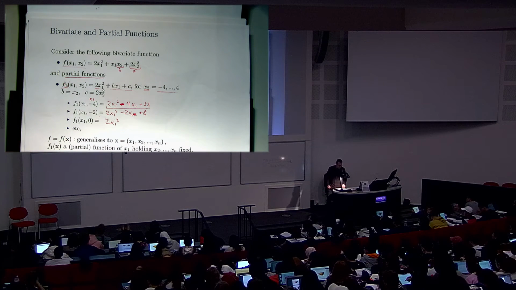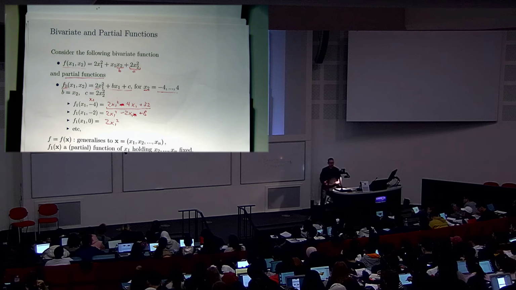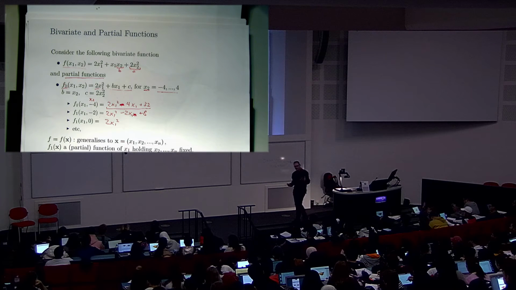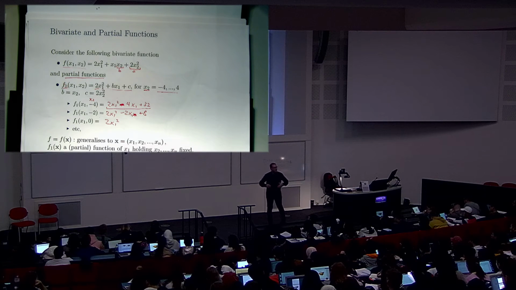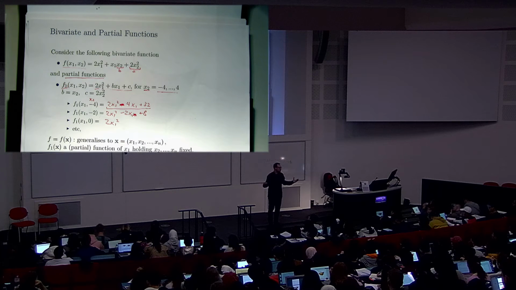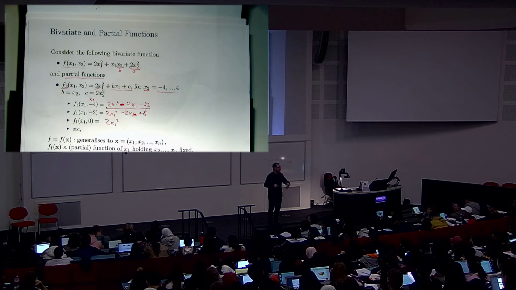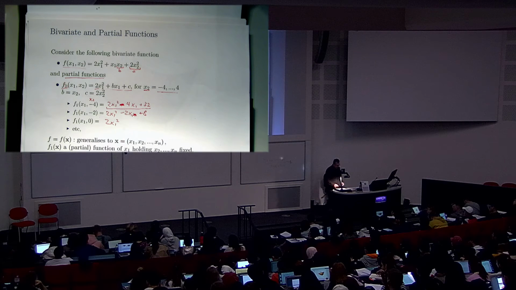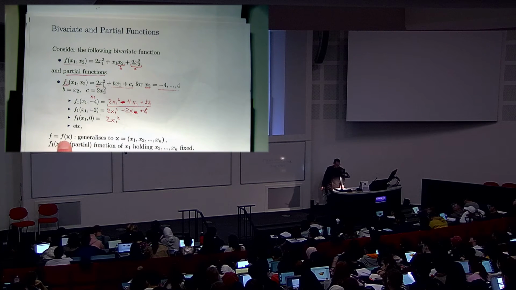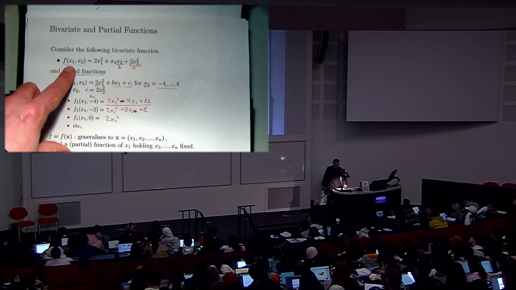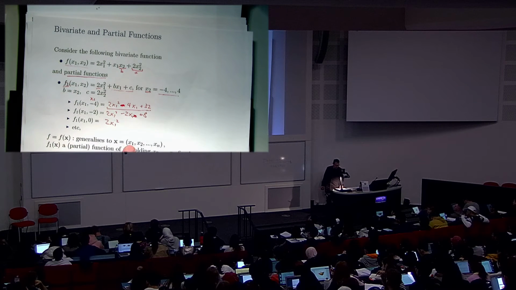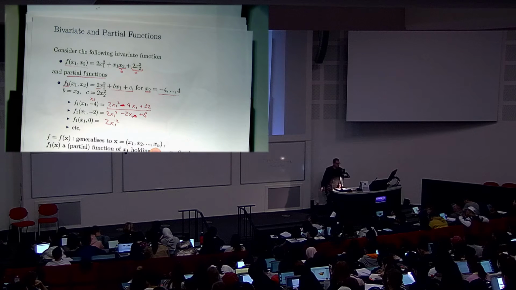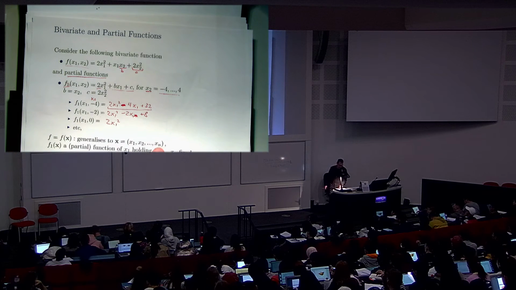Remember, we're talking about bivariate functions representing multivariate functions. All the techniques we'll now learn about bivariate functions generalize to larger spaces. So x could be up to n arguments.